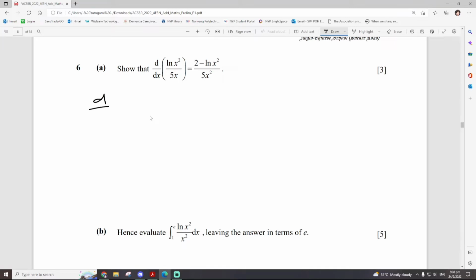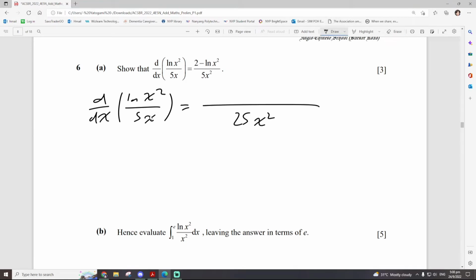So d dx of ln x squared divided by 5x equals to, we'll take the quotient square, 25x squared. It's going to be a long fraction though, so let me write this a bit longer. 25x squared.